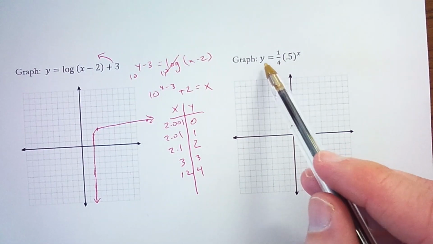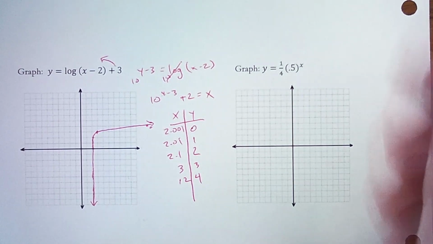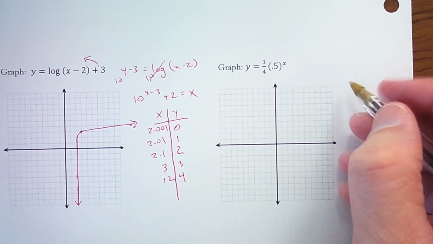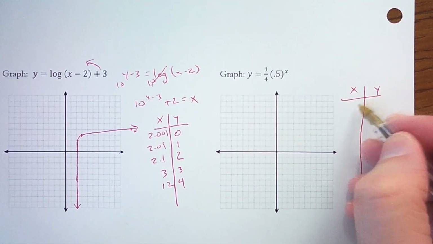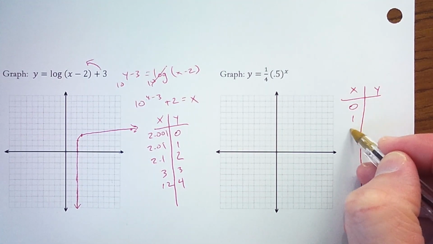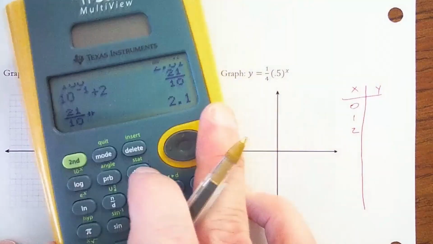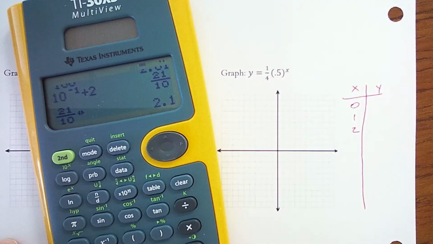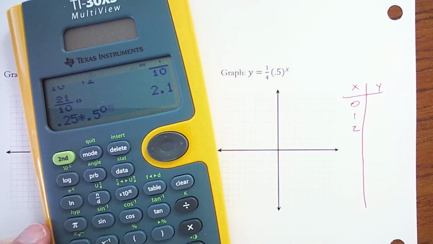Next we have y equals 1/4 times 0.5 to the x power. This time the variable is x, so we'll start with x. We'll go 0, 1, and 2 and see where that takes us. So if I put in a 0 power, that's 1/4 or 0.25 times 0.5 to the 0 power.